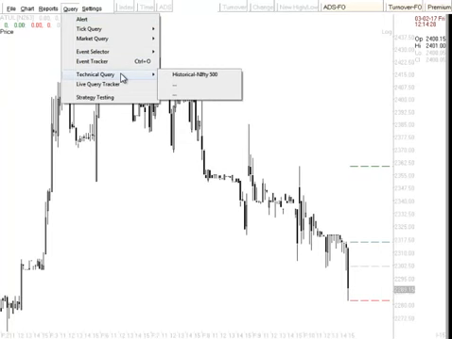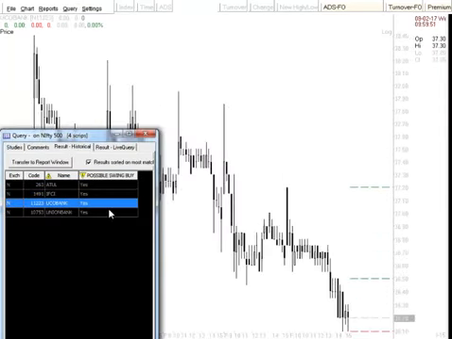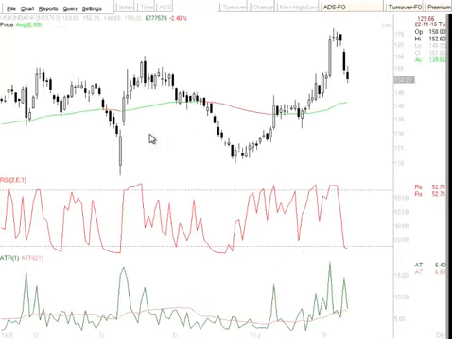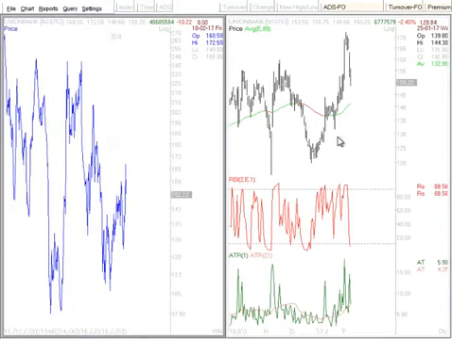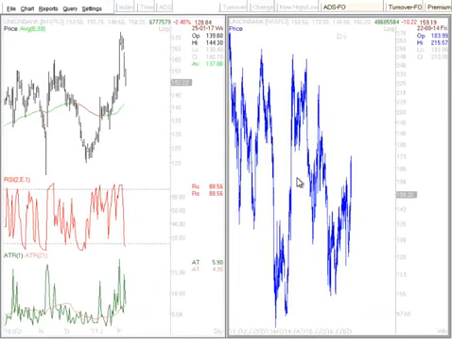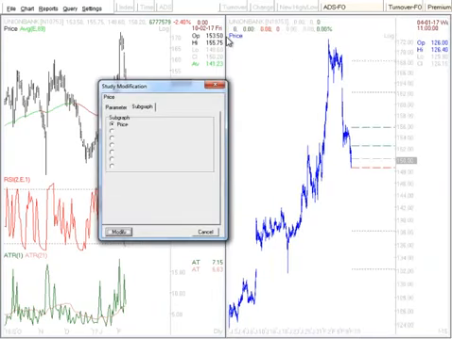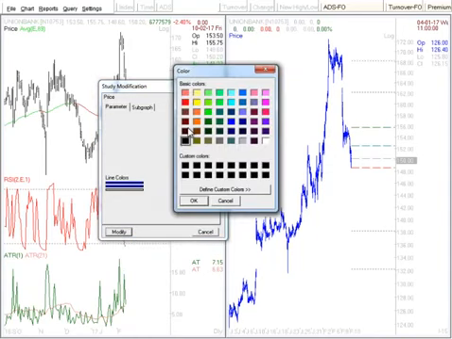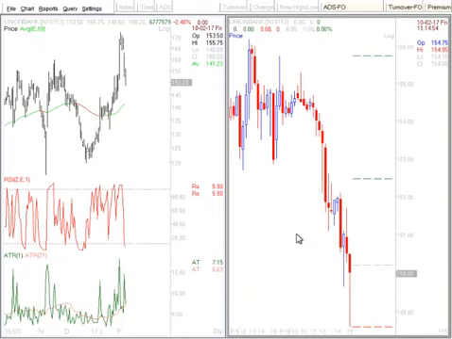Let's check the other ones. IFCI, UCO Bank, Union Bank. Let's stick to Union Bank. So on my both the charts are Union Bank.